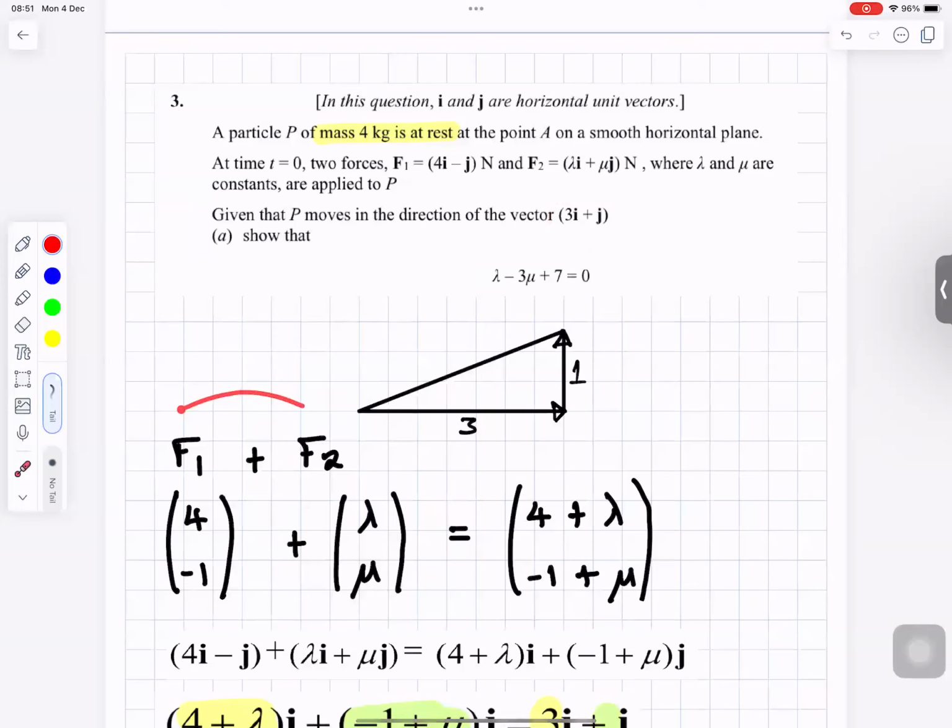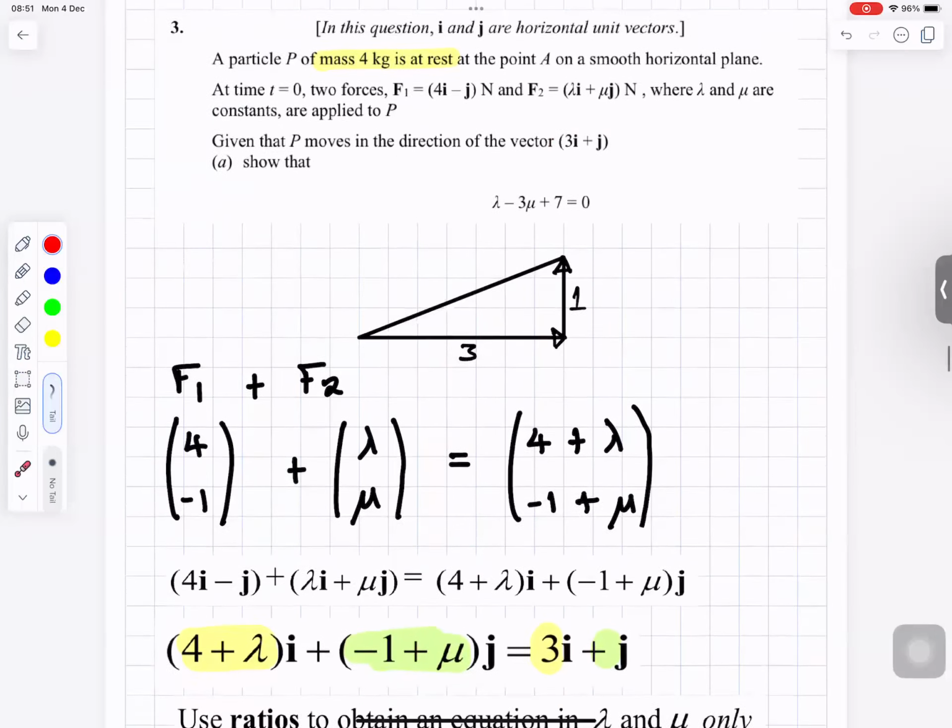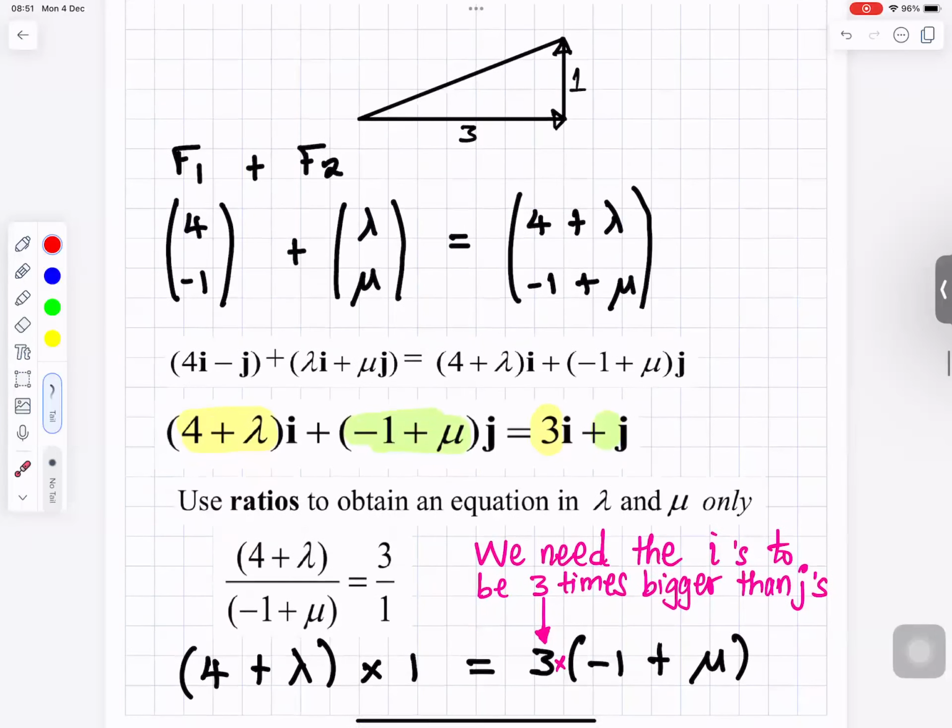So we add the two forces, F1 plus F2, and I put it in column form. So 4 plus lambda, minus 1 plus mu. And we can write it this way, 4i minus j plus lambda i plus mu j.